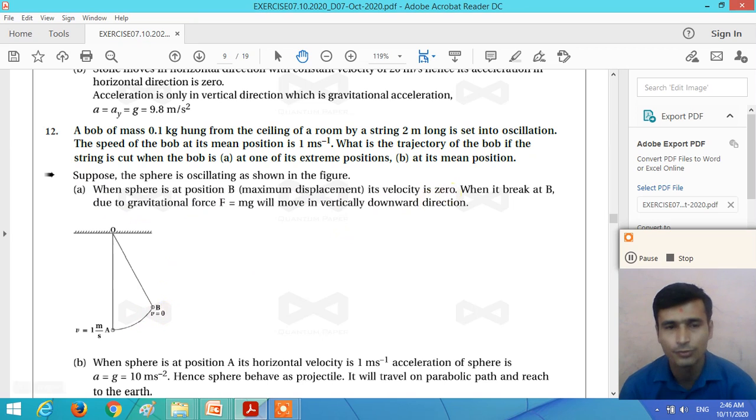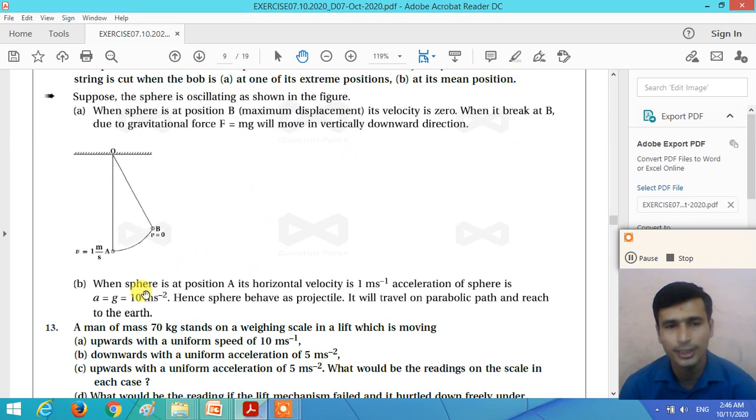So when the bob is at an extreme position, the velocity of the bob is 0. Now when the string breaks at point B, due to the gravitational force F equal to mg in the downward direction, the trajectory of the bob is in the downward direction.